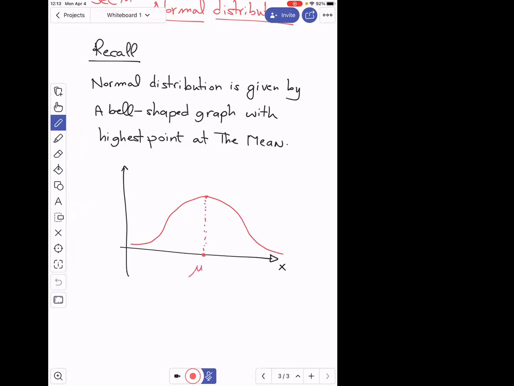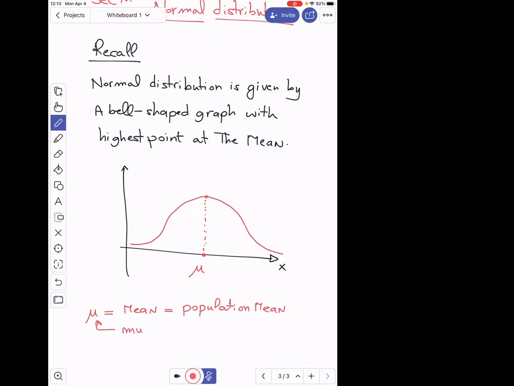This is mu, the mean. We denote it by mu instead of x bar because this is not a sample mean. This is a population mean. That's why we denote the mean here by mu, and not by x bar.